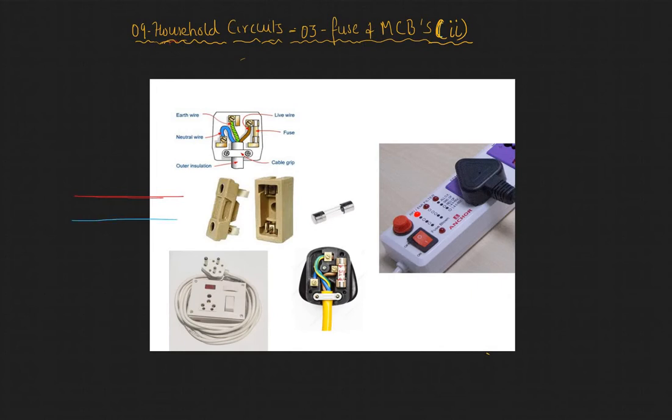What we do is we connect this live to one end of what is called the porcelain fuse. This is porcelain. I just looked up the spelling. The other end of the fuse is coming out like that, right?